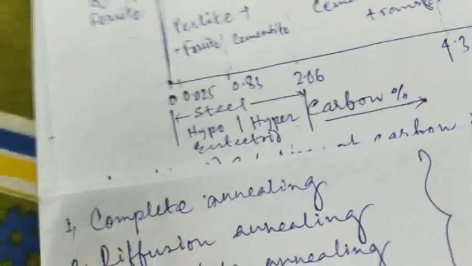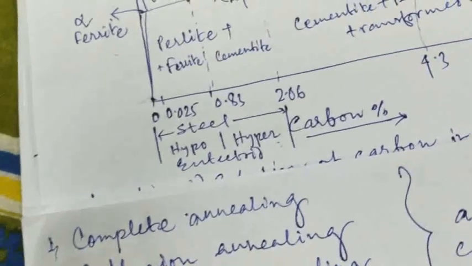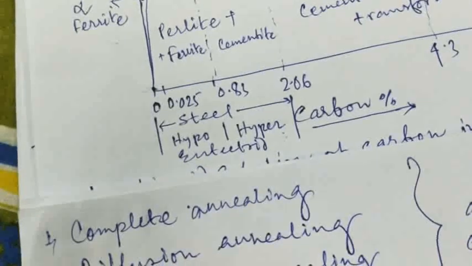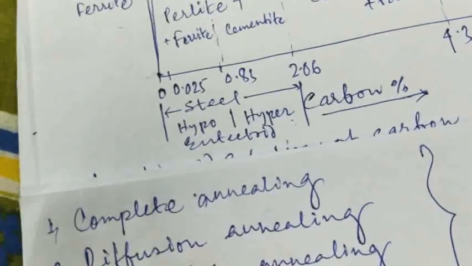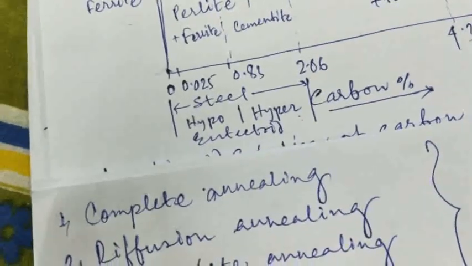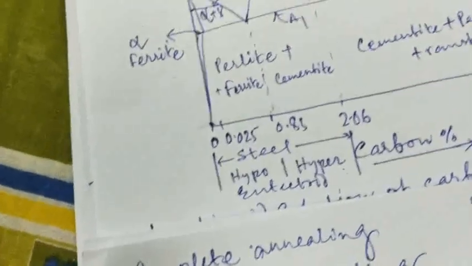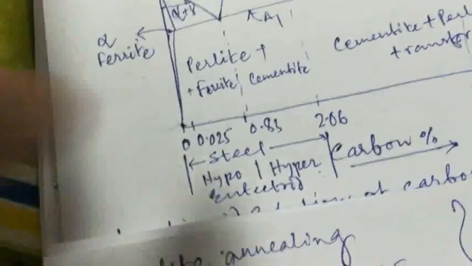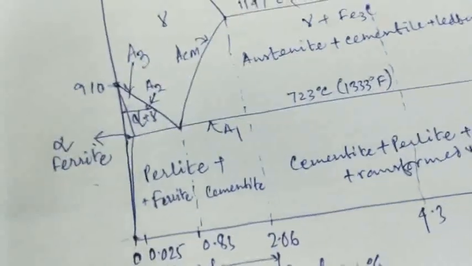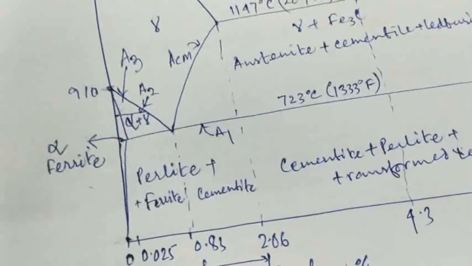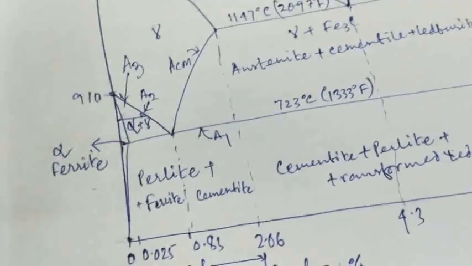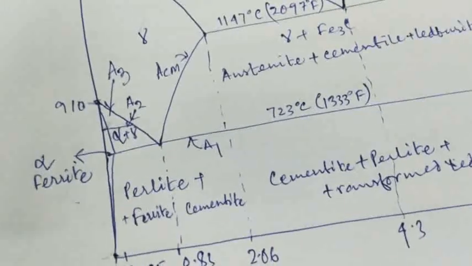There are many methods for spheroidizing annealing. Like, after the steel is heat insulated, it is furnace cooled to slightly below the A1 line and kept 10 to 30 degrees below the A1 line.